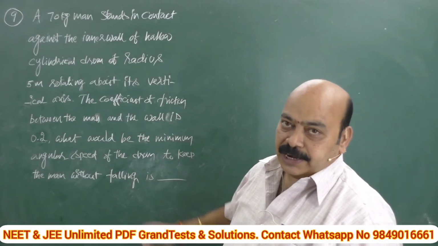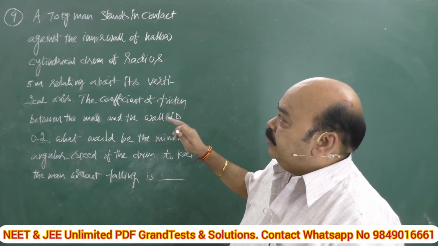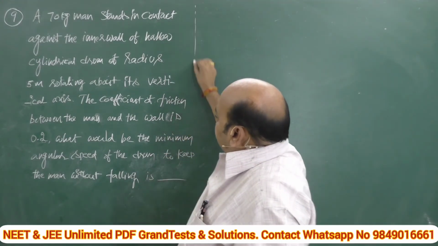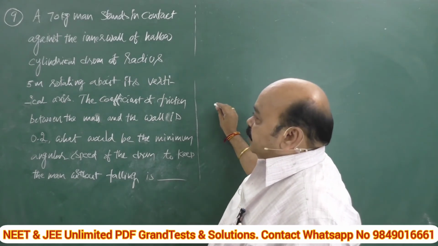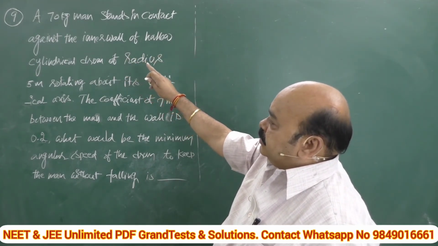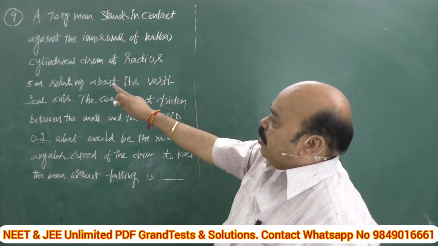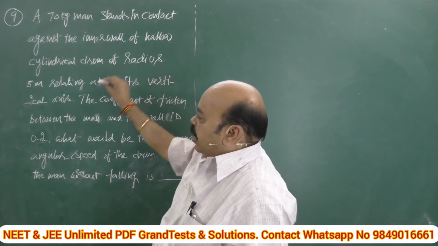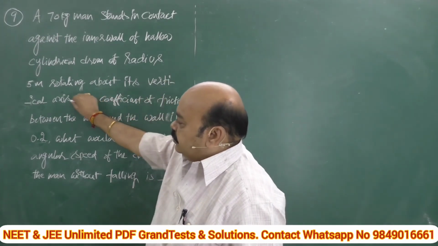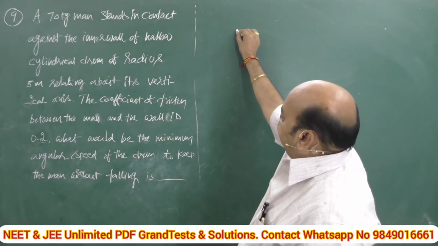I will consider one numerical example for the previous discussion, that means death wells. Here a 70 kg man stands in contact against the inner walls of a hollow cylindrical drum of radius 5 meter, rotating about its vertical axis. See, this is a situation.